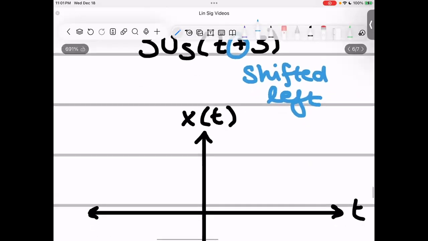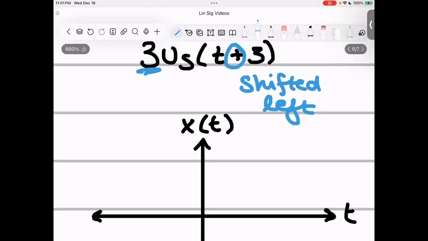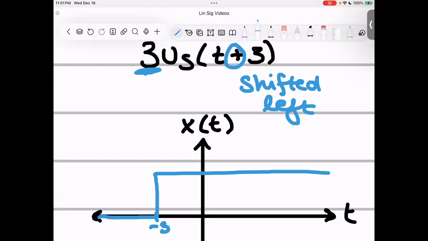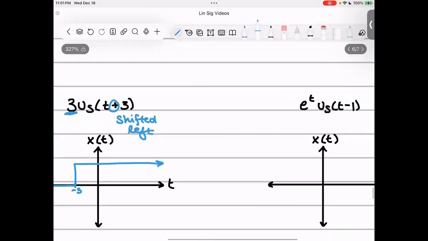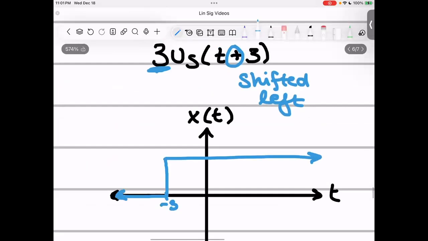And you can do the proof for that if you want. And we're multiplying it by 3. So we're going to start it at negative 3, up by 3, and then it's going to go on its merry little way. We include the arrow on that side.